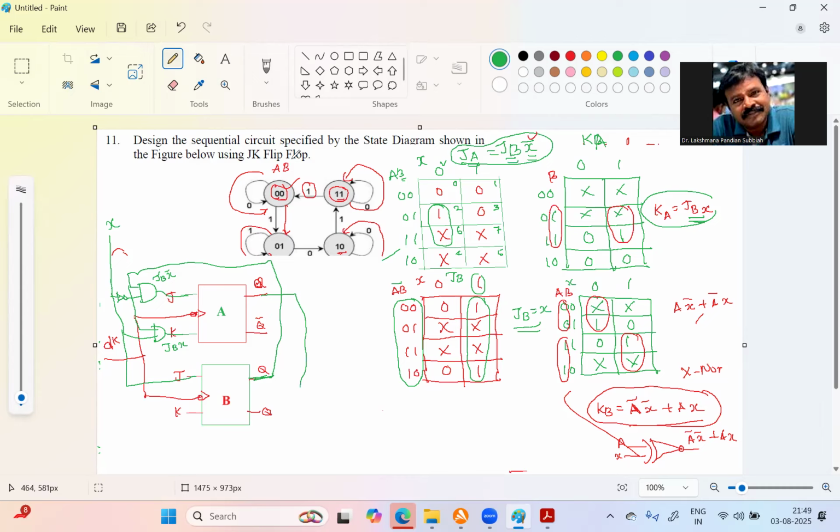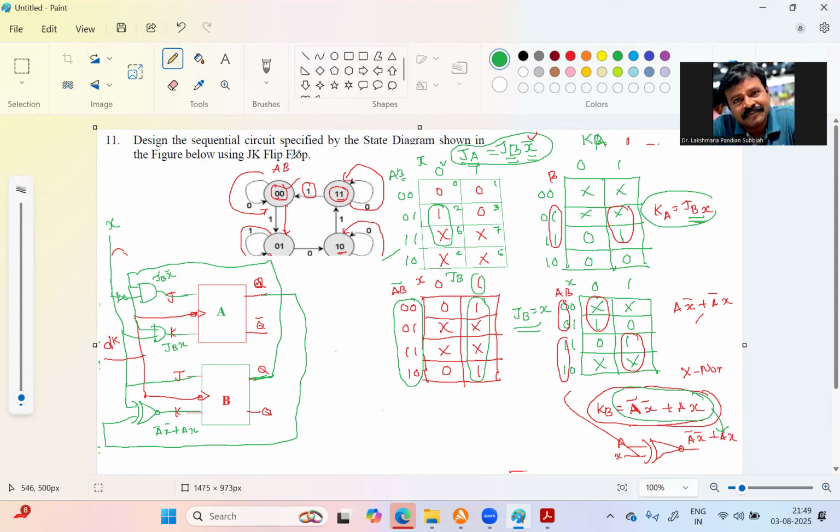So you are taking that A and this X. You have to connect with exclusive NOR and to the K. So this exclusive NOR is here A bar X bar plus A X. So this is the case you have to take. So this is exclusive NOR. To draw the diagram, right?